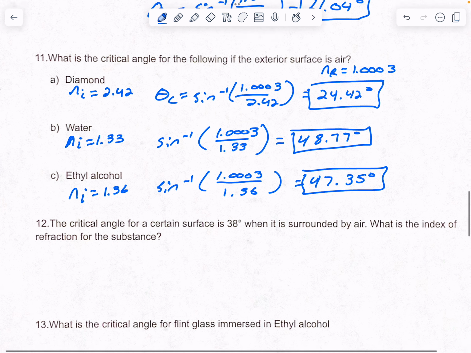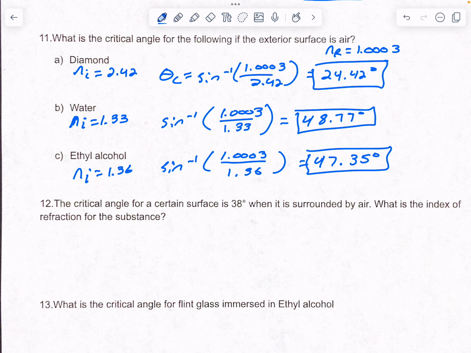Okay, 12, the critical angle for a certain surface is 38 degrees, so there's your critical angle. Okay, when it's surrounded by air, what is the index of refraction? Okay, remember you're going from more dense to less dense, so you're definitely going to be going to the air, so this is NR, 1.0003. What is the index of refraction of the substance? So that means you're looking for NI. Okay, so remember we said you could say sine of your critical angle equals NR over NI.